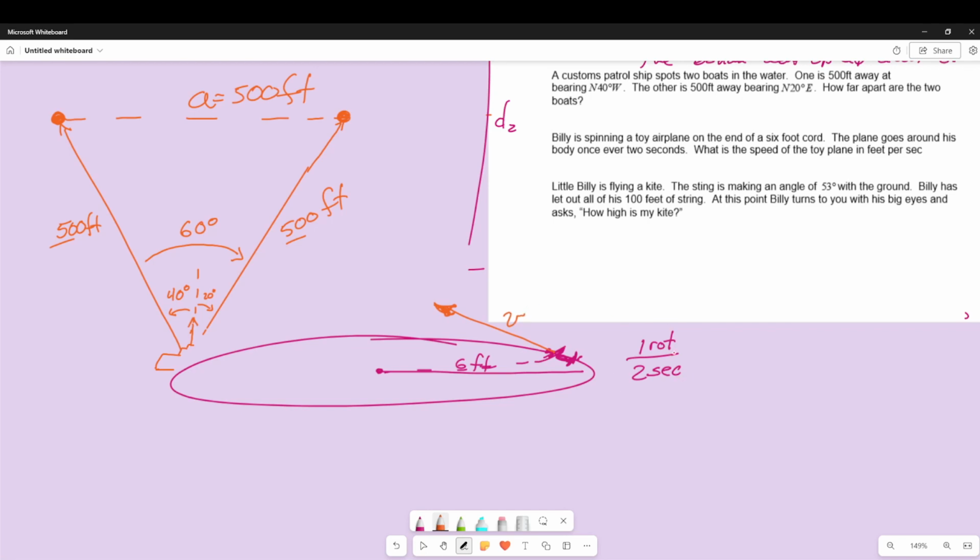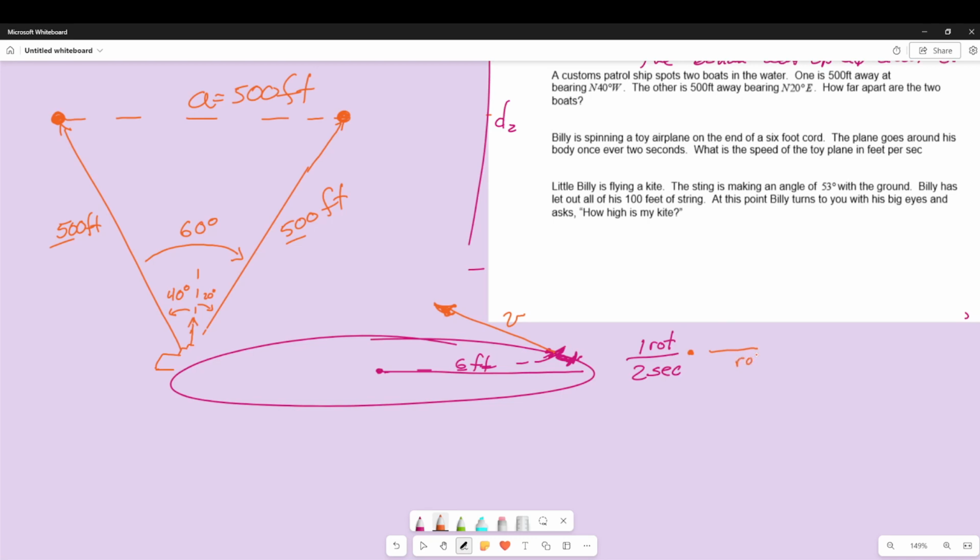Now we've been given an angular rotation speed, but we haven't been given the technical angular speed, because angular speed has to be in radians per second. So one of the things for us to do here is to convert these rotations per second into radians per second.